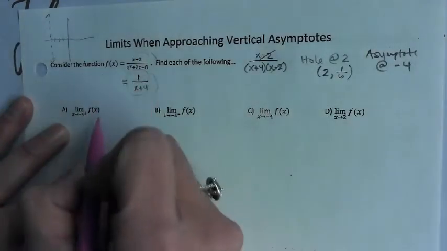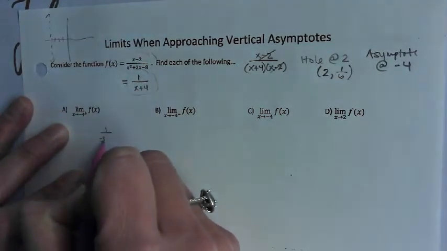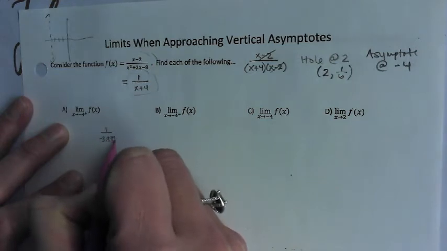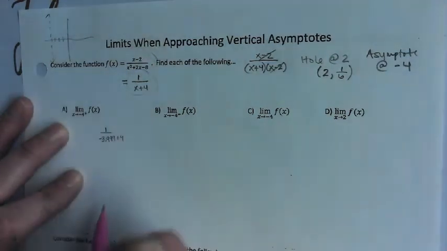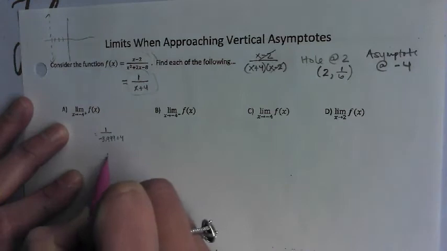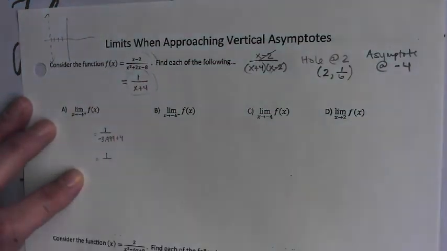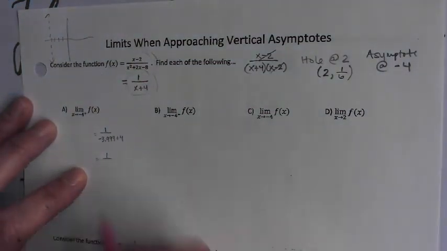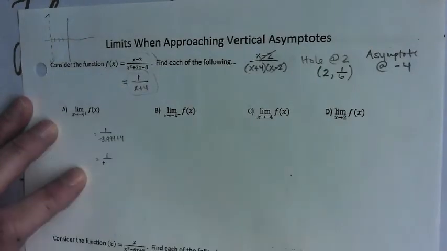But if you think about plugging in -3.999 plus 4, that's going to be 1 over a positive or a negative number? Positive, and it's a really tiny number, right? -3.99999 plus 4 is going to be like positive 0.00001 or something.